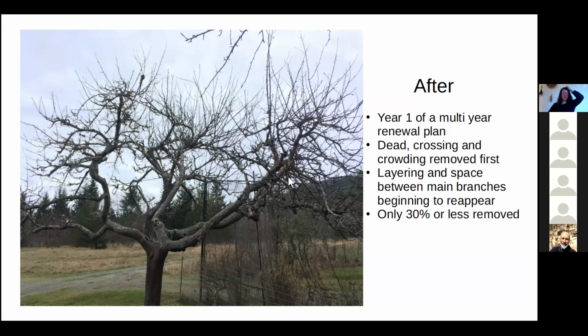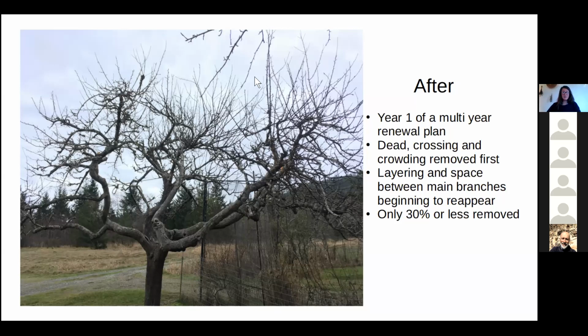But for this 1 year approach, what we did is hardly anything in and around here because it had been maintained up to 5 or 6 years ago, like I said. And we just worked on cleaning up some of this upper layering here.